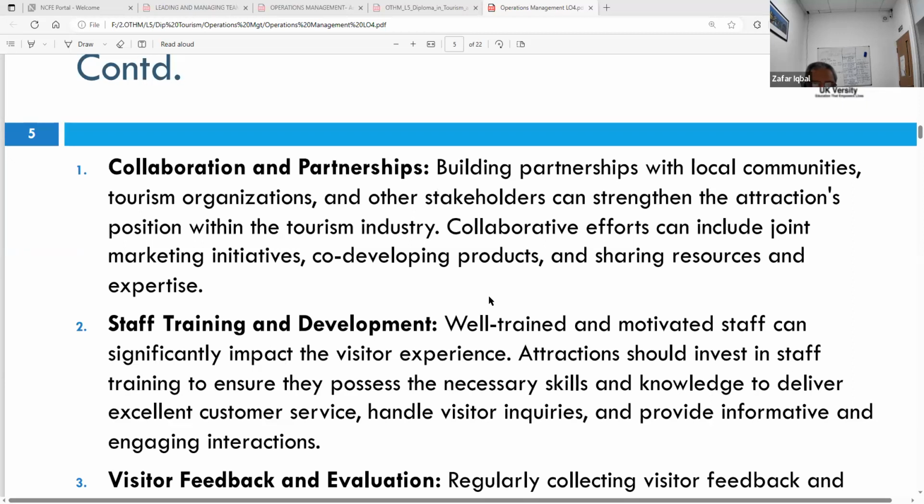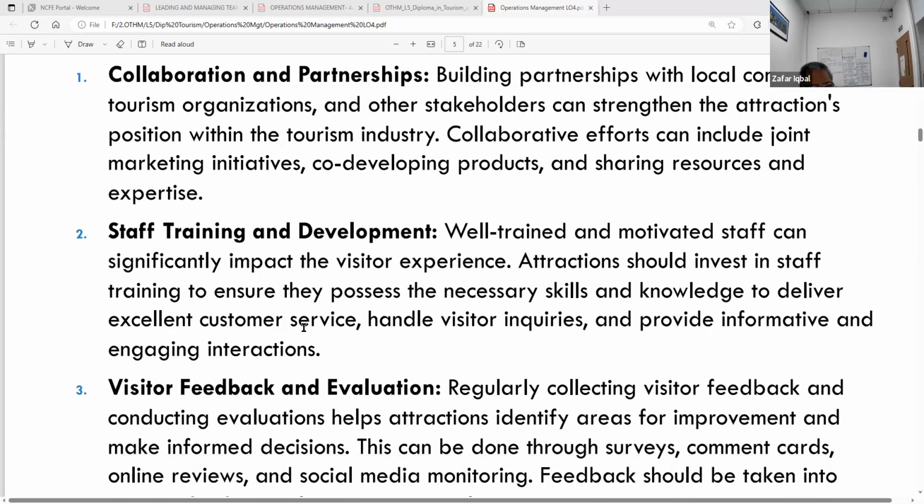So making sure that the resources are used, in an effort to maximize the utilities, maximize the share of products, and maximize the resources and expertise that are there. So for example, if you are looking at Blackpool, Blackpool is another attractive beach area.